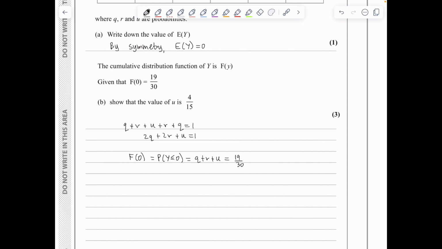So I could multiply everything by 2 to get 2q plus 2r plus 2u is equal to 19 over 15. We also have that 2q plus 2r plus u is equal to 1. So I can subtract one from the other to get that u is equal to 4 over 15 as required.